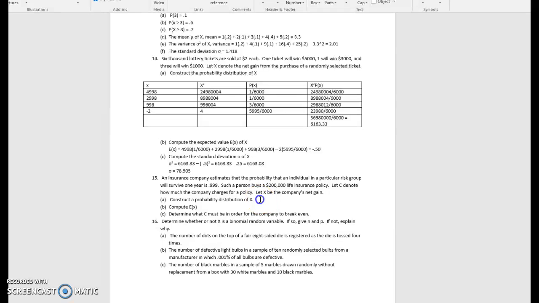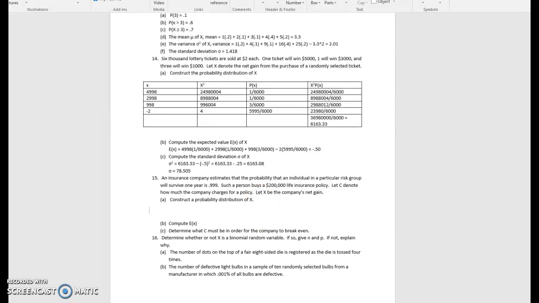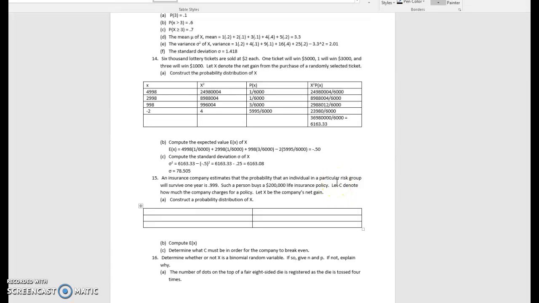All right, so I'm going to make a table. So let's call our outcomes X. And again, we'll call our probabilities P of X. All right, let's think of the possible outcomes here. Let's think about the company's payout, their net gain.